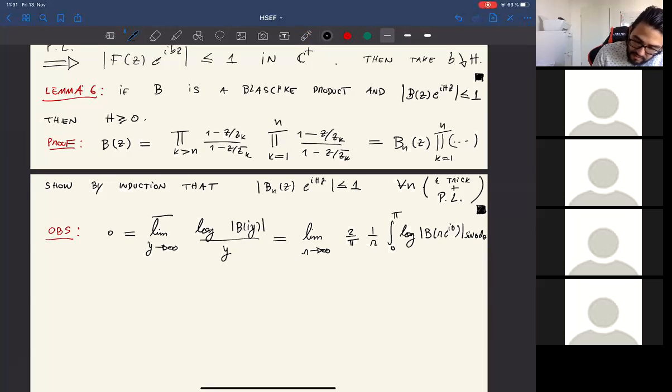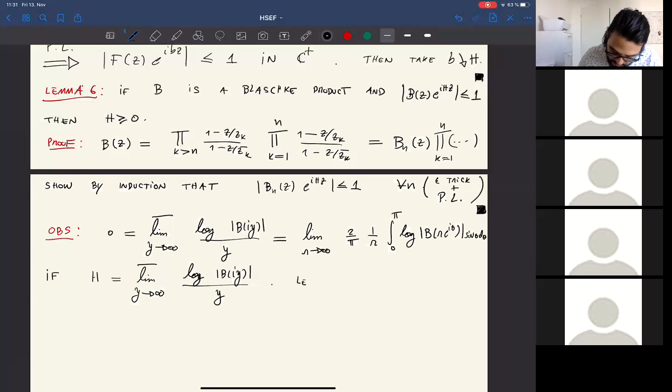Well, it's simple. Let's say for the first one, I define H as this lim sup here. Since we know that it's bounded by 1, then lemma 5 says that B(z)e^{-iHz}, this number is finite, by the way, and this thing is still less or equal than 1.